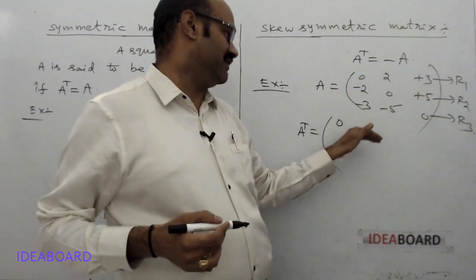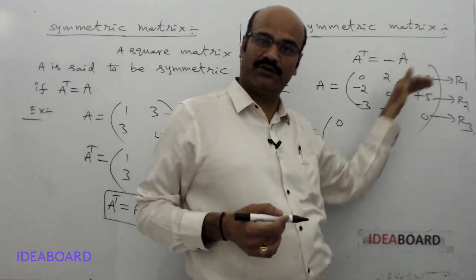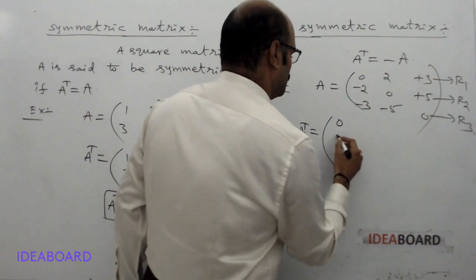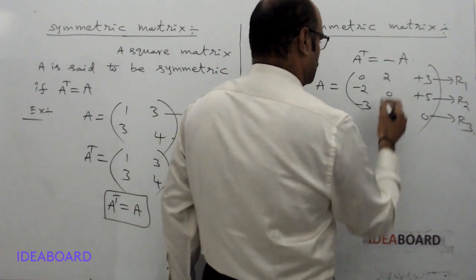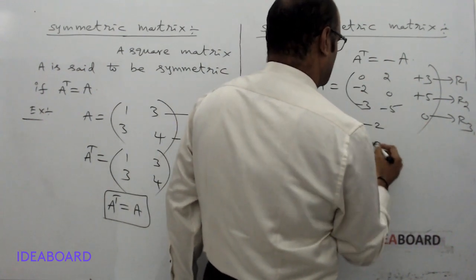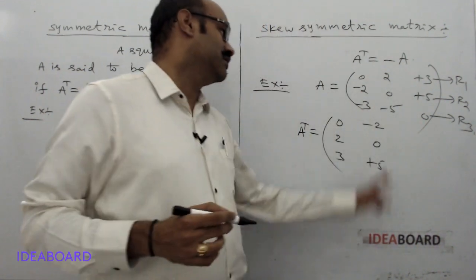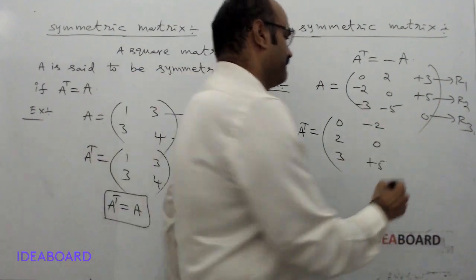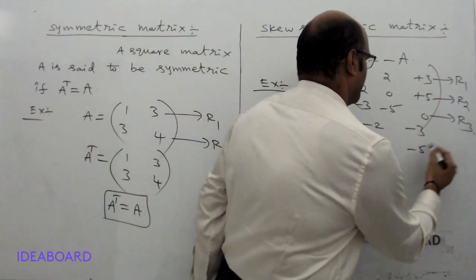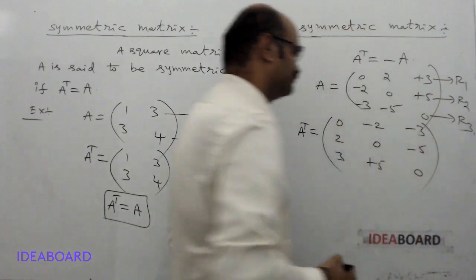R1 becomes C1. We have to interchange rows into columns. So 0, 2, 3; minus 2, 0, 5; R3 becomes C3: minus 3, minus 5, 0.